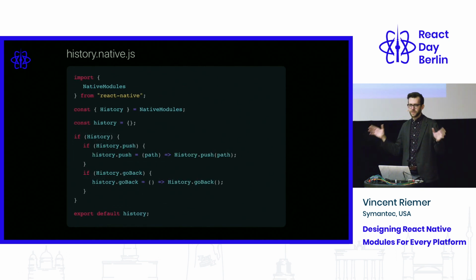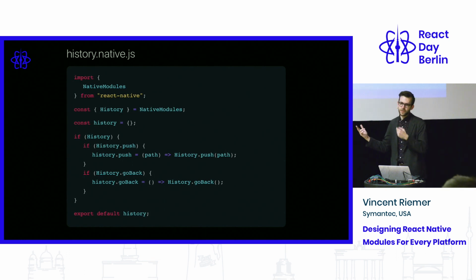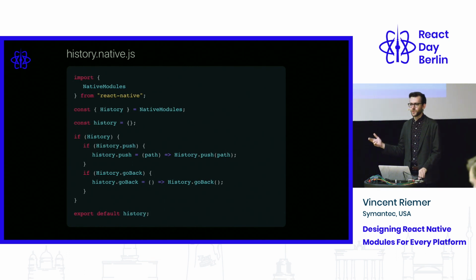And again, there are so many different ways you could do it. That was just no-opping if it doesn't exist. Or you can conditionally add the methods to your module so that in userland code, they can check the existence of the function before they call it, like the DOM does.